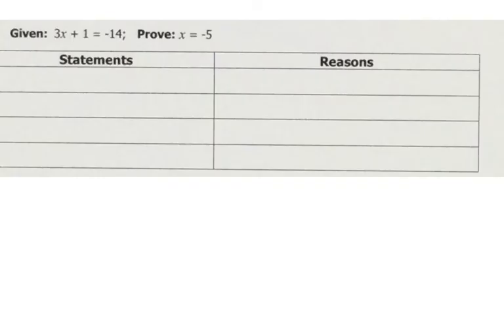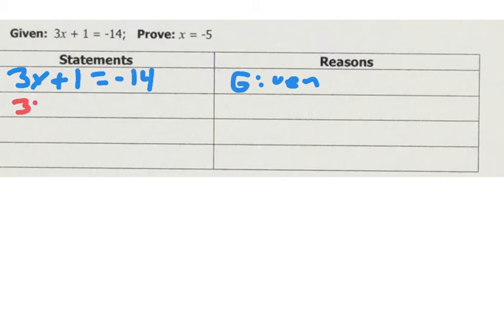Okay, so we always write the given first, right? So 3x plus 1 equals negative 14. What's my reason? It's given. And then you're just going to subtract. So now, if we were having to solve this, we would subtract 1 from both sides. So it would give me 3x equals negative 15, because they would have the same signs.